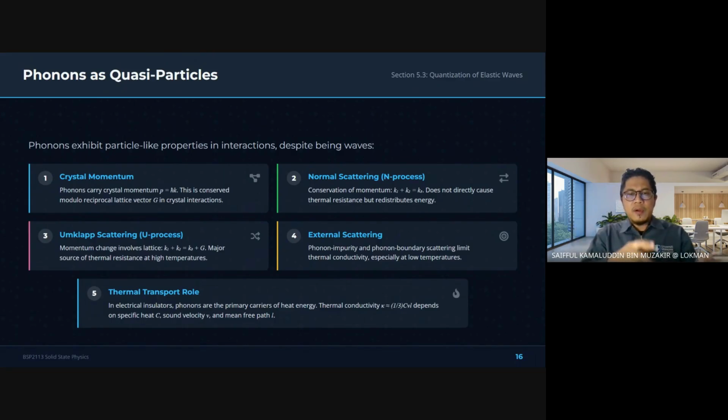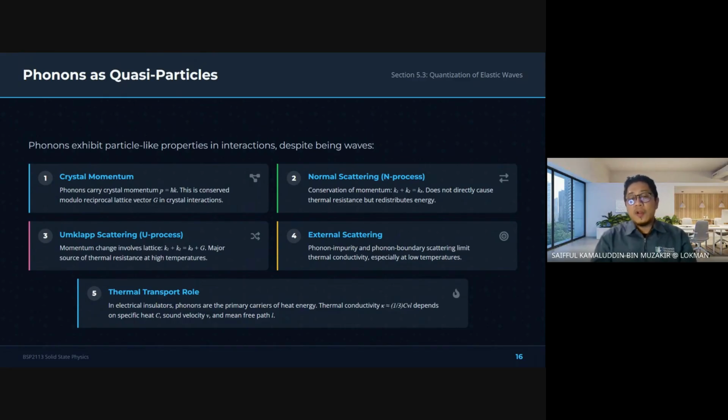Instead of always thinking about the entire crystal vibrating, we can describe the energy in terms of phonons, the small packets inside that crystal. We have this atom and that atom, and the atoms vibrate in a certain lattice, and that lattice vibration is called phonons. Cumulatively, we have the total vibration inside one crystal.